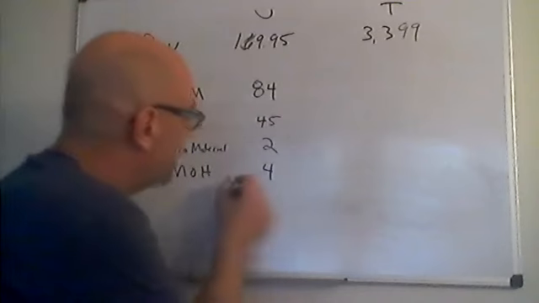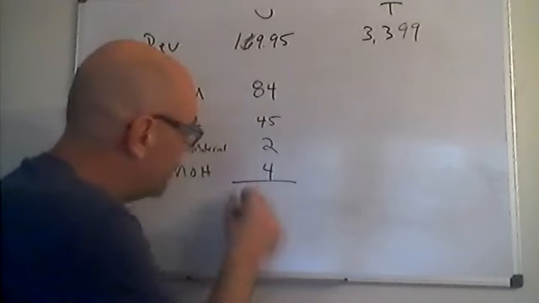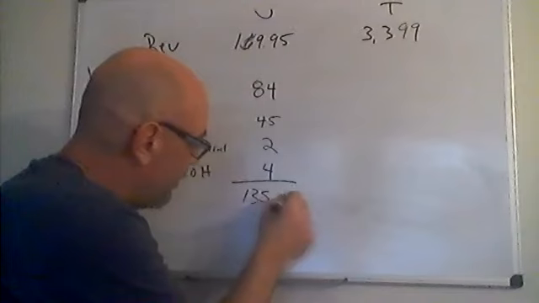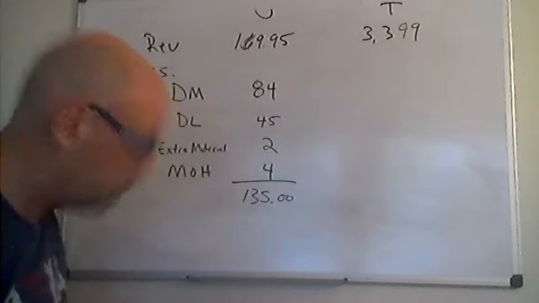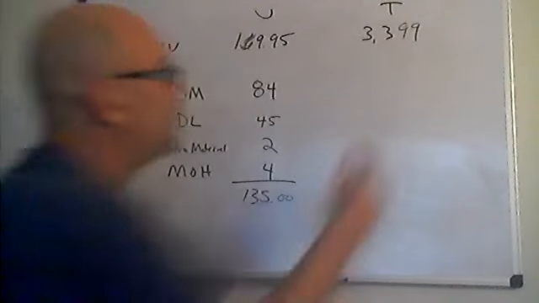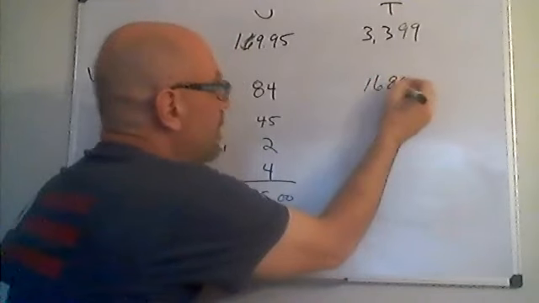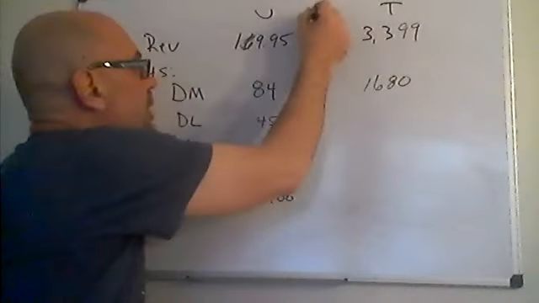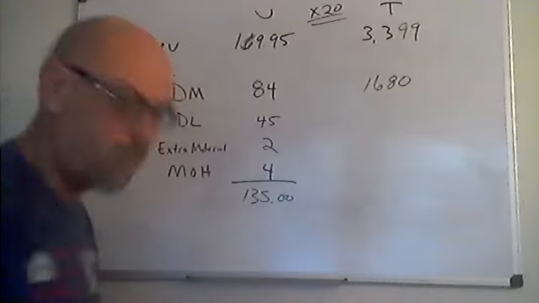Okay. Add all those up, we get a total variable cost of $135. You can do the math out. All these across, we're taking times 20 because we were selling 20 bracelets, remember?